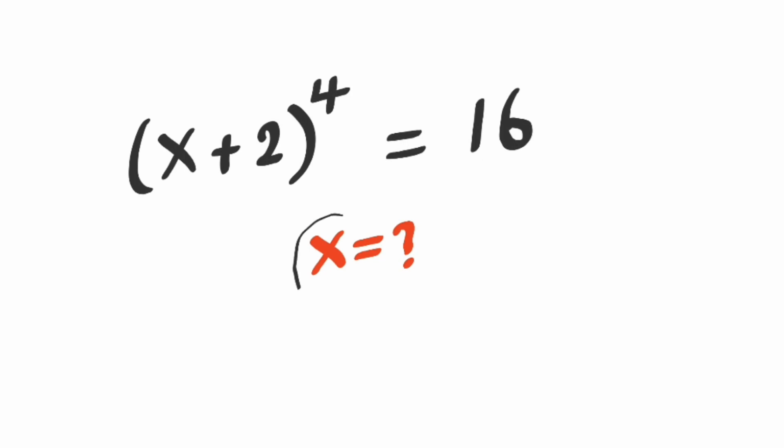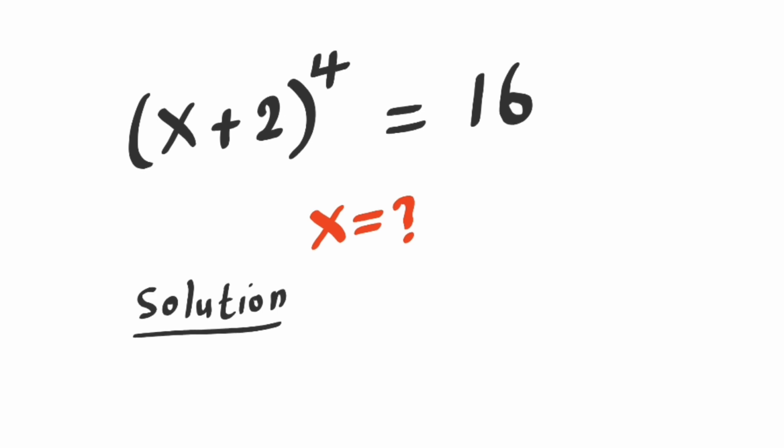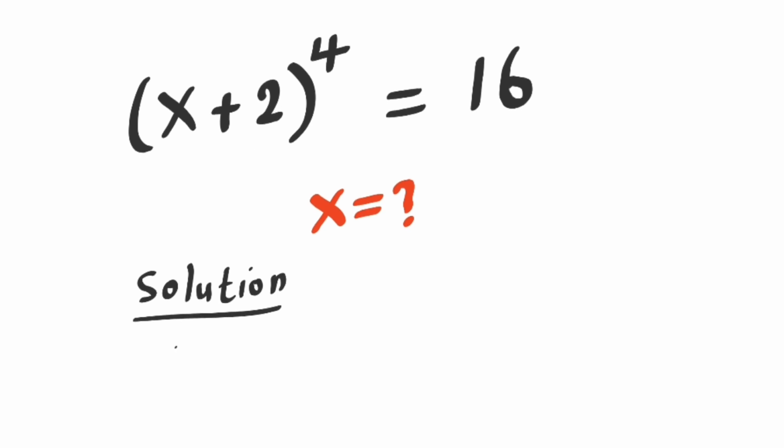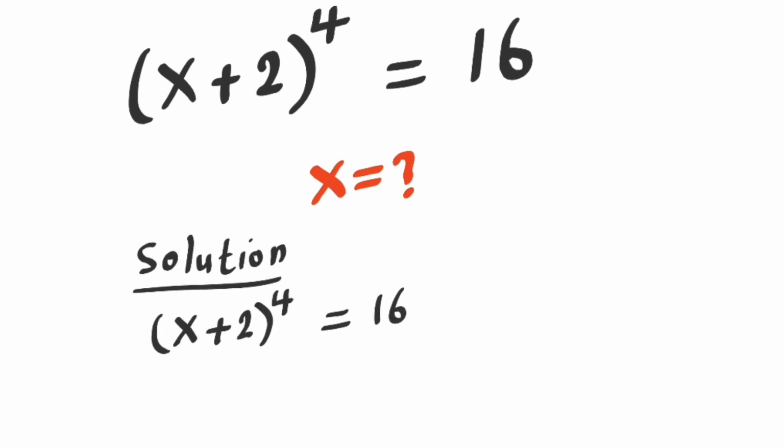Let us solve for x in this equation given (x + 2)^4 is equal to 16. The given equation is (x + 2)^4 = 16.